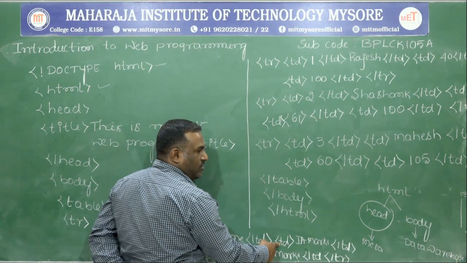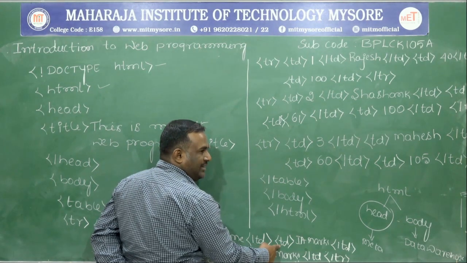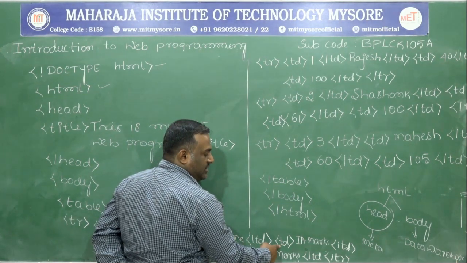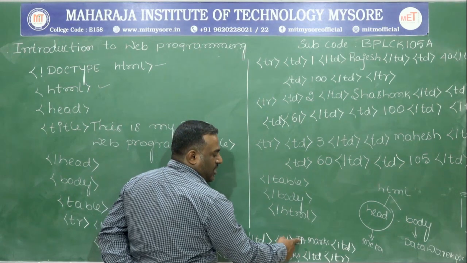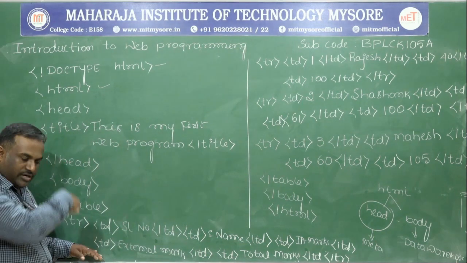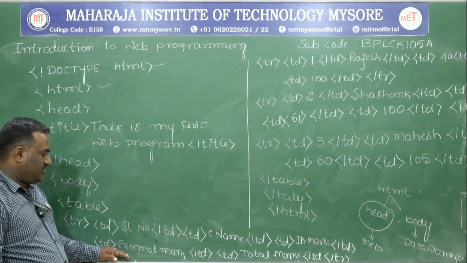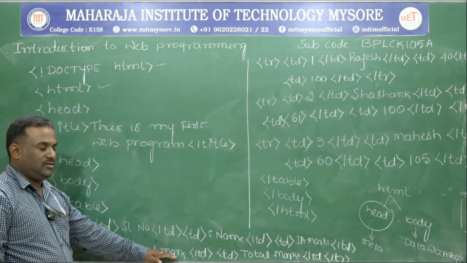And then I need to write the IMRs in the third column in the first row. That is done by using the td. Inside this td and ending td, IMRs, and then continuation. And in the next column, in the first row, I want to write the external marks.